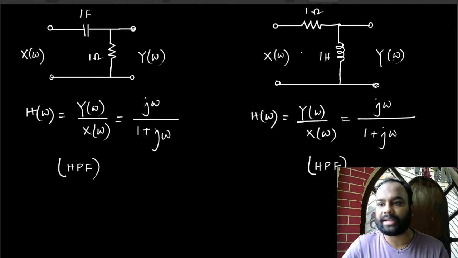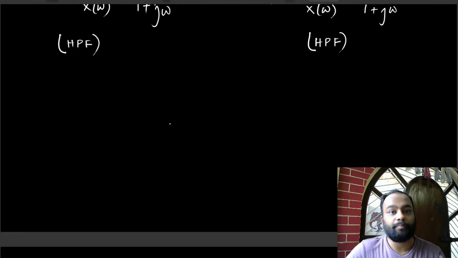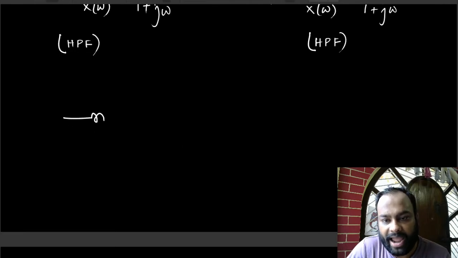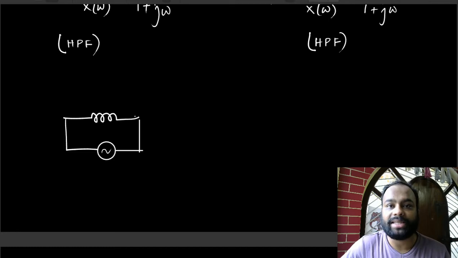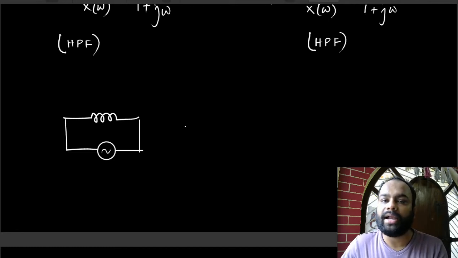So for this inductor, try to understand what happens. The very basic configuration for an inductor. For example, I had an inductor, I had drawn it earlier, and I'm exciting this with any supply here. So I said, of course, for an inductor, V equals L di/dt, right? But where does that come from?